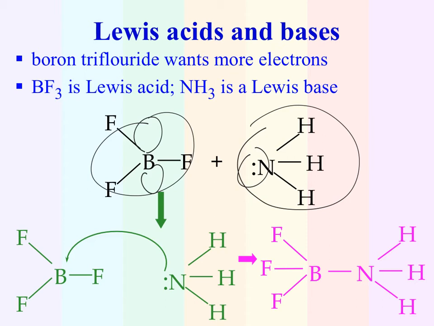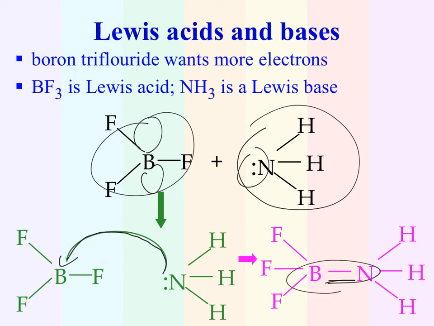We've just discussed that acids accept electrons in the Lewis acid-base definition, and bases give electrons. So in this case, the electrons in the Lewis base are going to be given or shared with the Lewis acid. Electrons are shared, and we form this kind of dative bond right here.